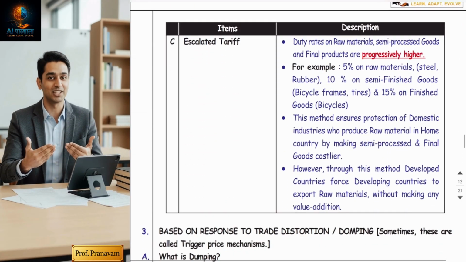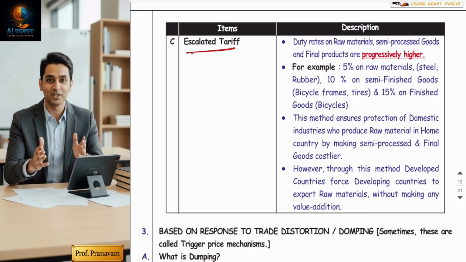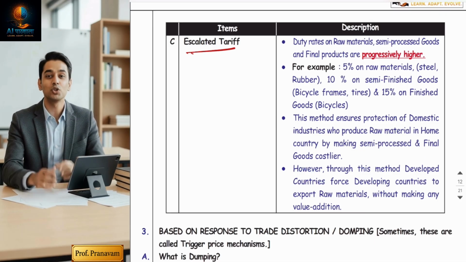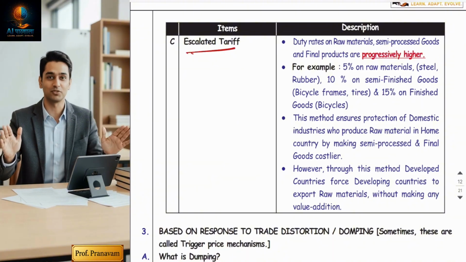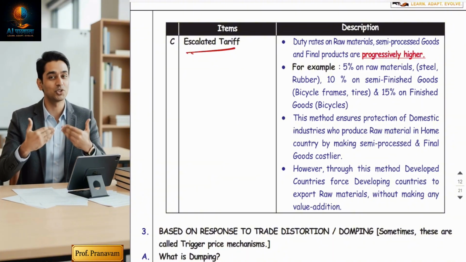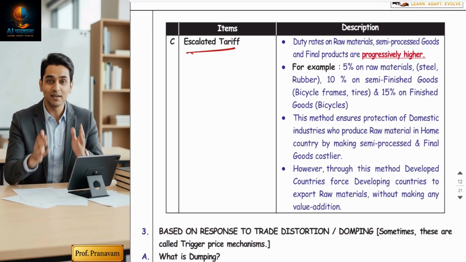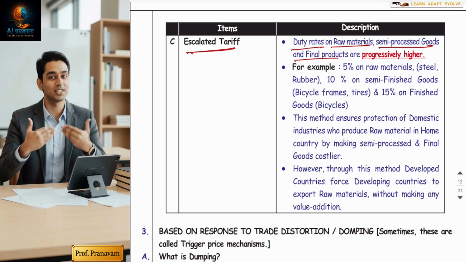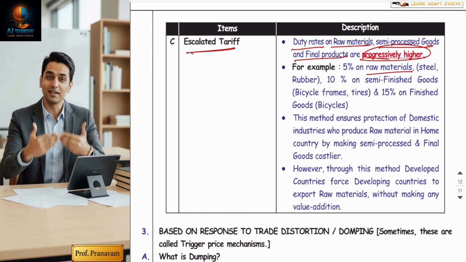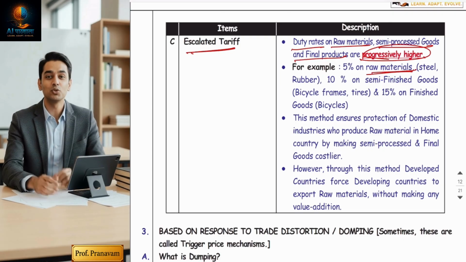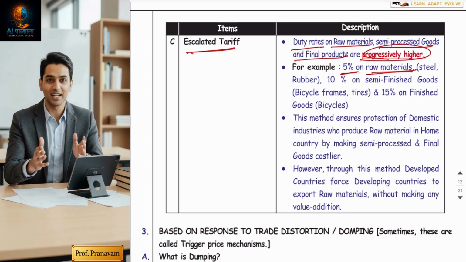Next is escalated tariff. Now escalated tariff is an extremely important concept, guys. Under an escalated tariff, at different levels of escalation, higher tax rates are charged. How come? See, duty rates on raw materials, semi-processed goods and final products are progressively higher. For example, on raw material, if we are importing raw material, the government is going to charge 5% import duty.